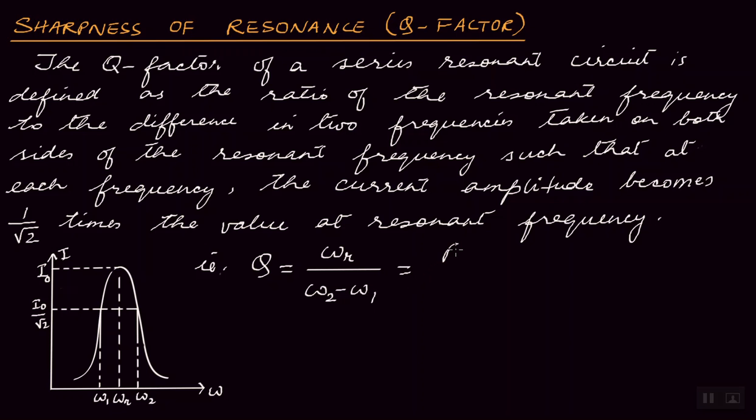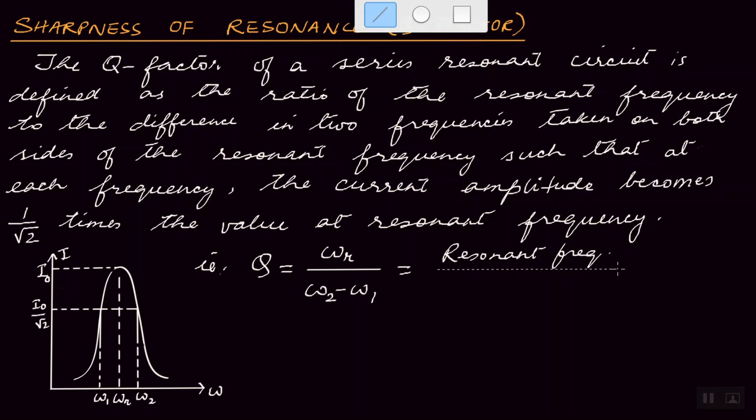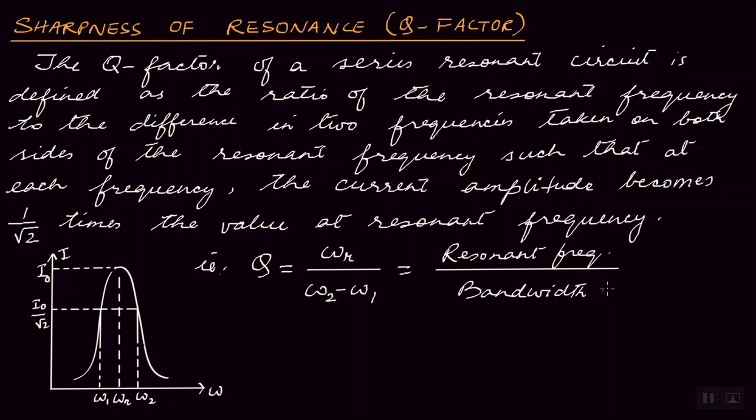Okay, so this is the resonant frequency, and this value omega 2 minus omega 1 has a name. What is the name of this? This is called bandwidth. Is that clear here? So that's one way to define the Q factor.